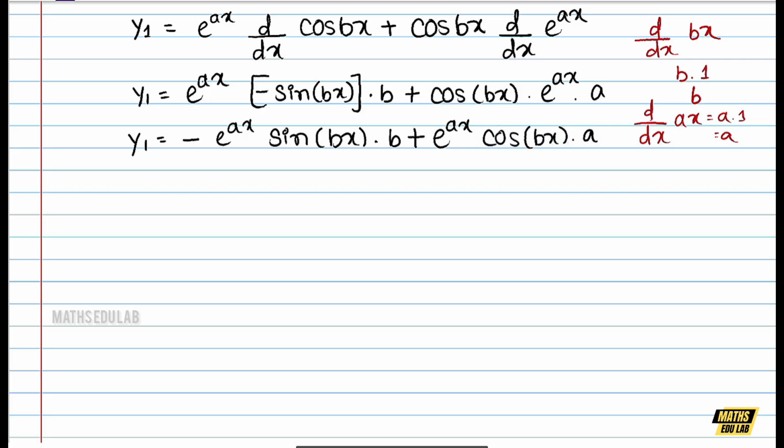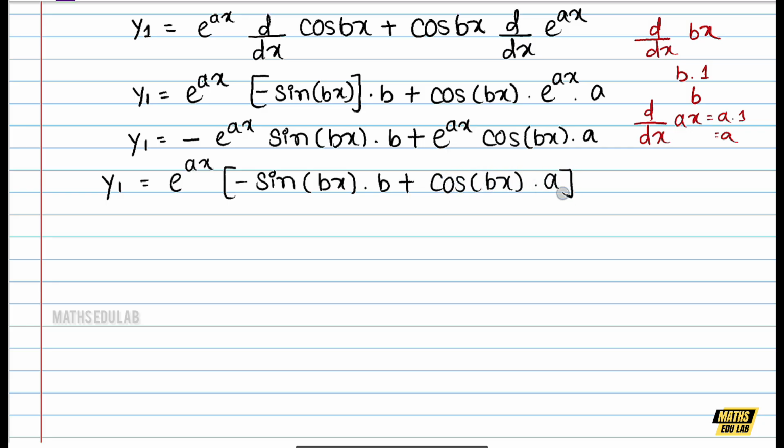Now if you see, we have a common term, that is e to the power of ax. So y1 is equal to, by taking that common term, e to the power of ax, then minus sine bx into b plus cos bx into a.